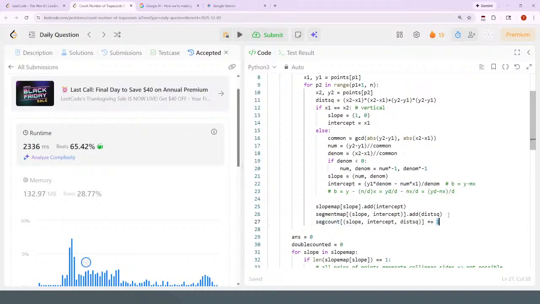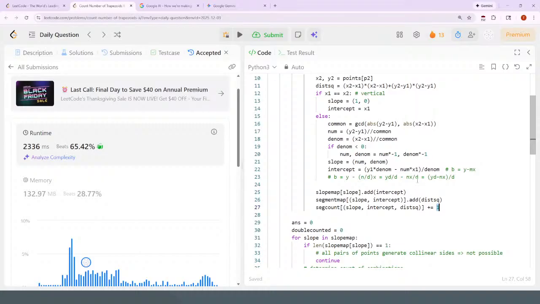Have a counter of the number of times that occurred. So like if the slope is 2 and there's a bunch of 1 unit line segments on that, there could be like 100 things on 2.